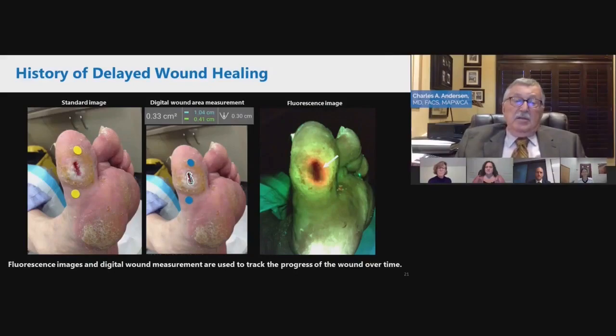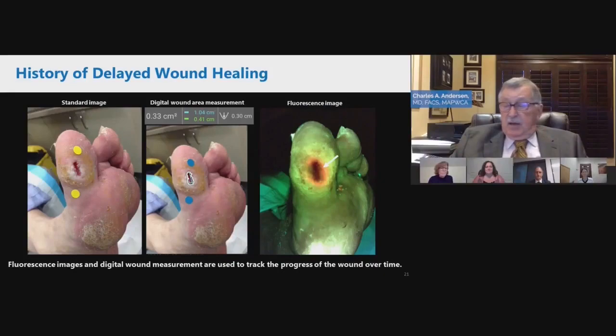So it's very easy once we pick up the device to go through that and see the sequence. So you're able to capture an image, and then you're able to use the device to actually do measurements and document the measurements of the wound.